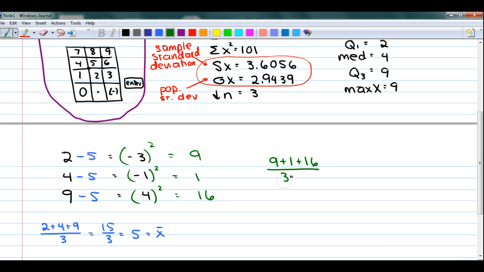I have 3 numbers in my list. 1 less, subtract 1. And that gives me variance, sample variance. That would be 26 over 2, or 13.